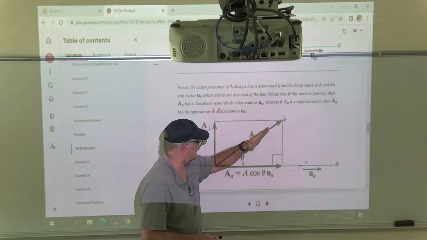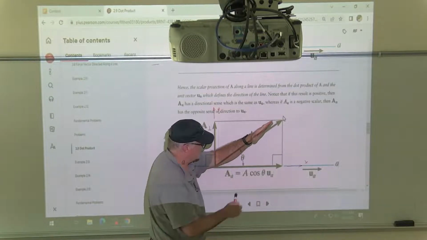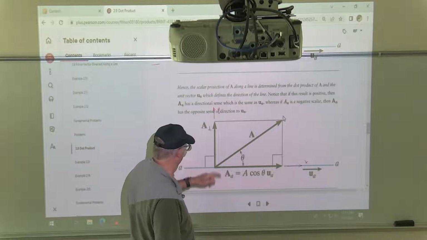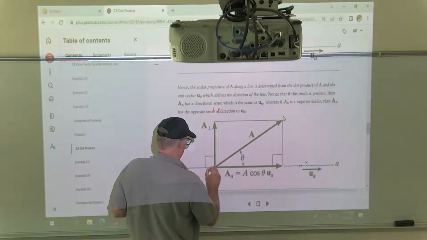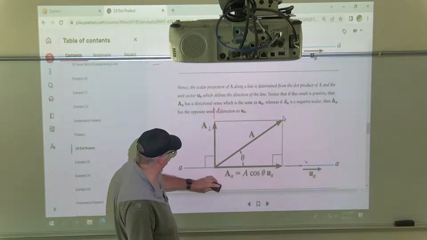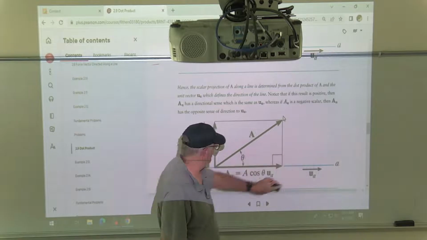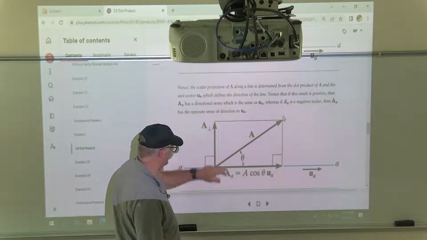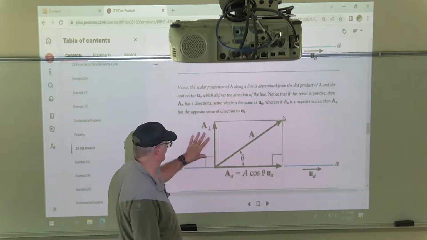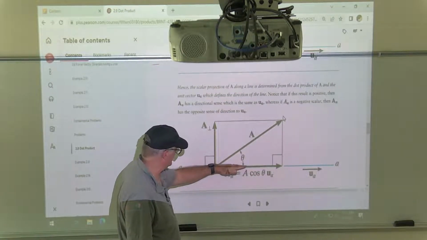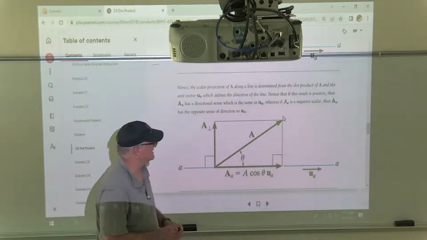You just found its component on this axis, but this other part, being perpendicular, he put it like this, but you could put it like that too. It doesn't really matter. Now in 2D, I always think of the other one as a sine of theta, projecting onto the axis, the angle between them.